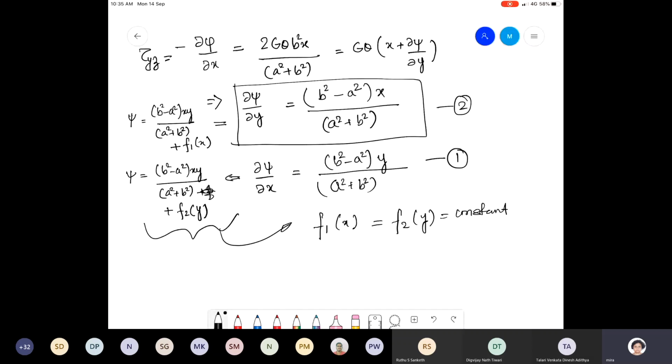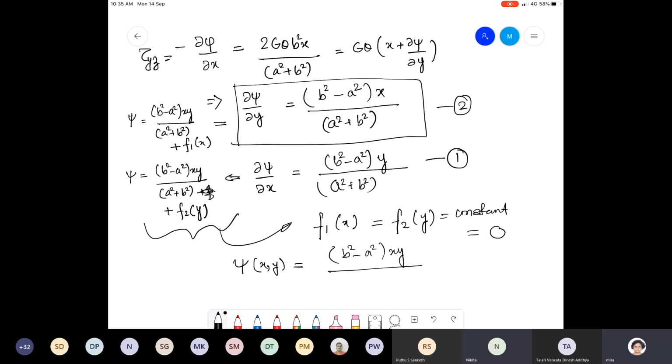But now if we assume that the shaft is constrained at a point at the origin, then this constant has to be equal to 0. Right? If that is the case, then I can write psi, which is a function of x and y, equal to b square minus a square into xy.